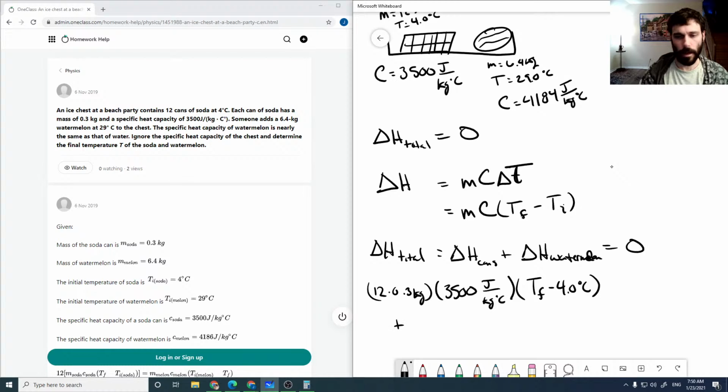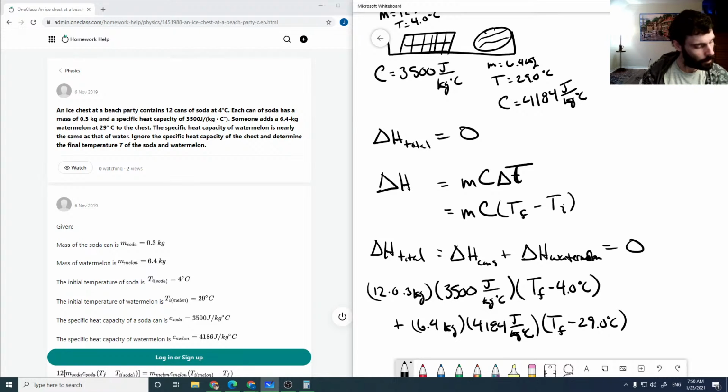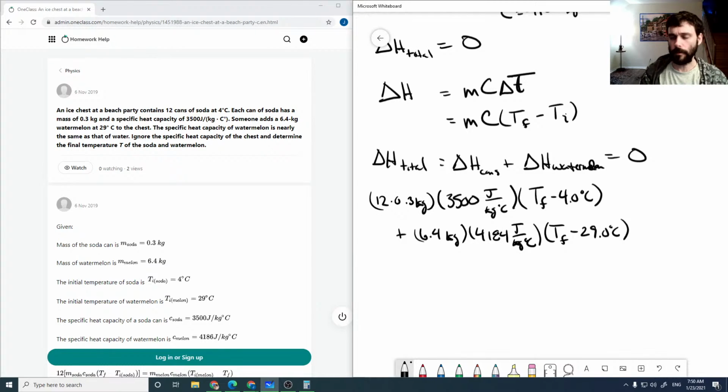And then we add the delta H for watermelon, which is 6.4 kilograms times 4184 joules per kilogram degrees Celsius times TF minus 29 degrees Celsius. Okay, and that all equals 0.